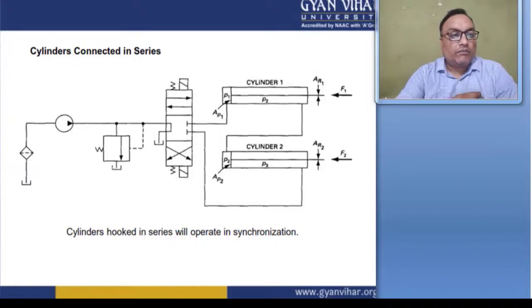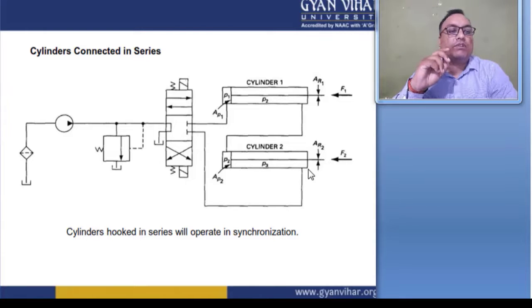Here the first flow goes from this cylinder, and then this flow goes to this cylinder. So first you activate this cylinder, and then this fills, and then this cylinder is activated. This means at the same time both cylinders are not in working condition, right?